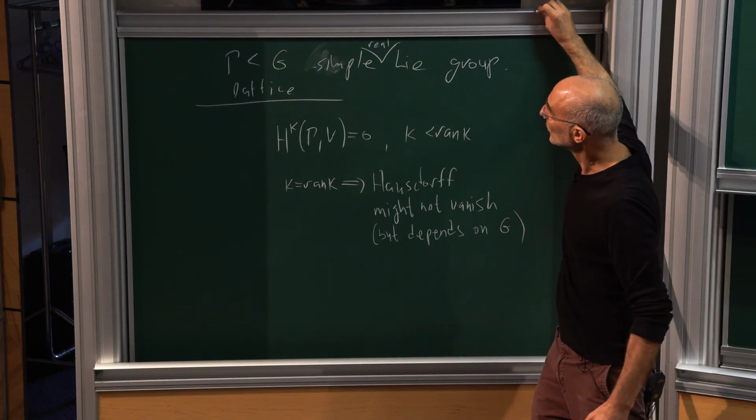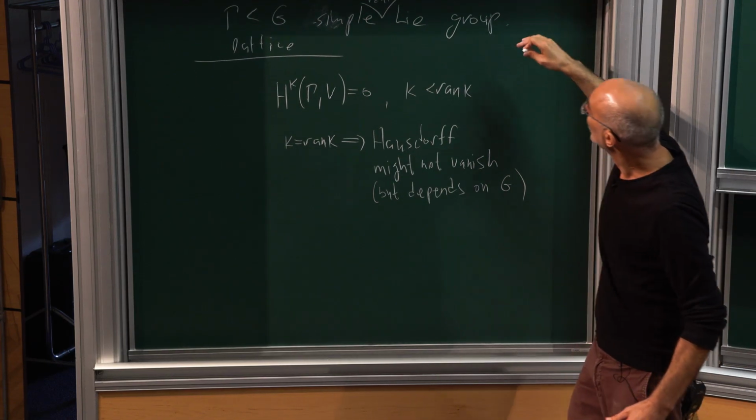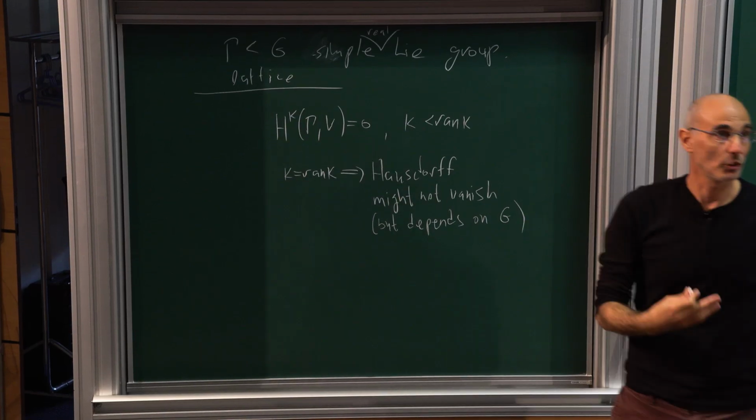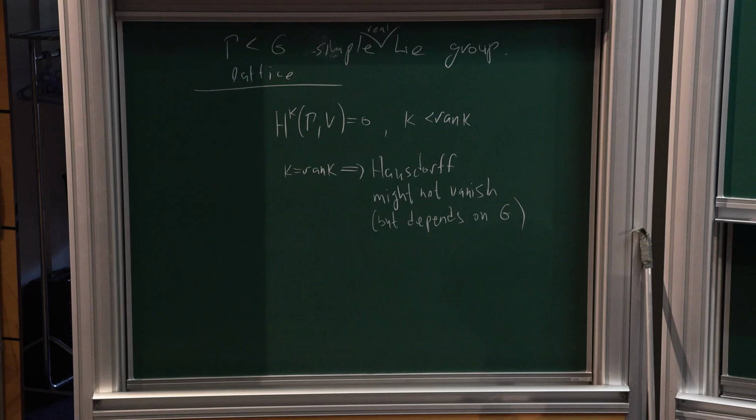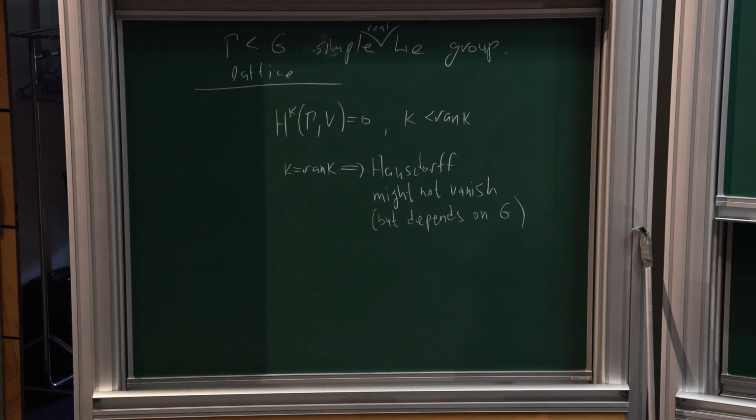And this is a very interesting story going on here. Unlike the p-adic groups where the cohomological dimension is the rank, the cohomological dimension of a simple Lie group is the dimension of the symmetric space. So it's somewhat quadratic in the rank typically. And then there is a huge range where we don't understand entirely what's going on.